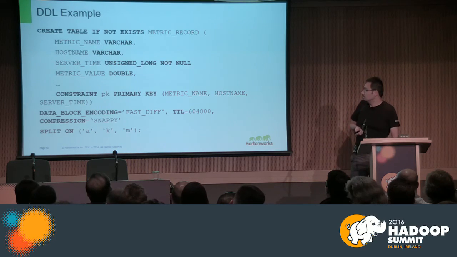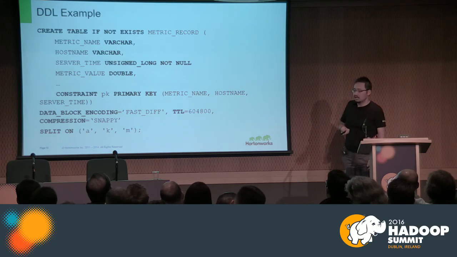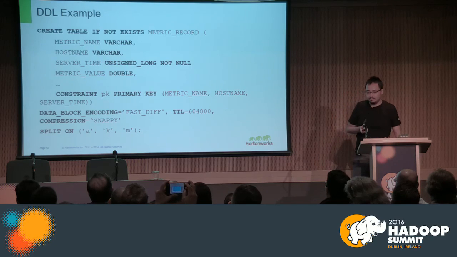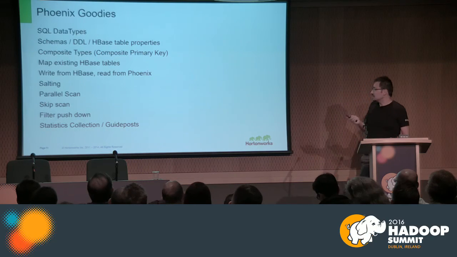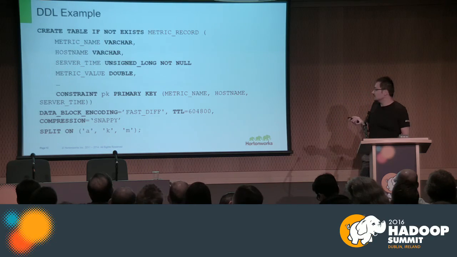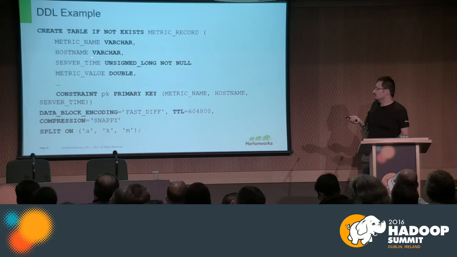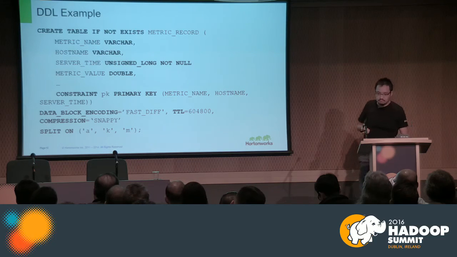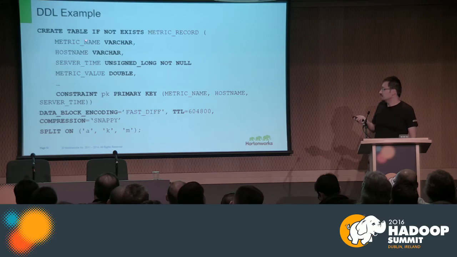All right, so we'll go over an example, and we will cover most of the features that we see here. This DDL example is standard SQL: create table if not exists, this metric record table, and then you give a bunch of columns. Let's say this is a metric record table which keeps track of some server metrics emitted, with the metric names, the host names, and the server times.